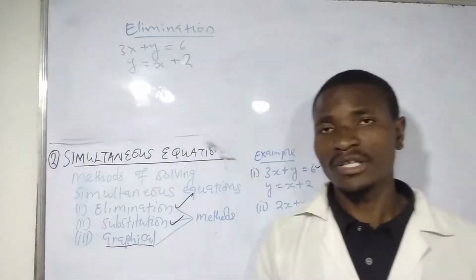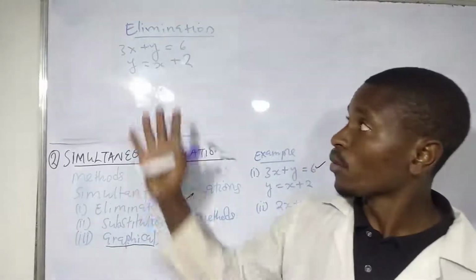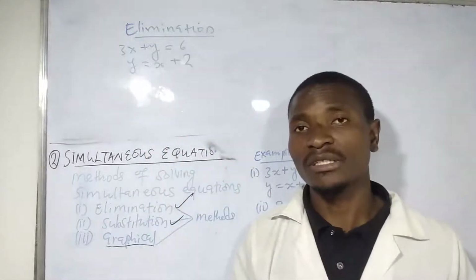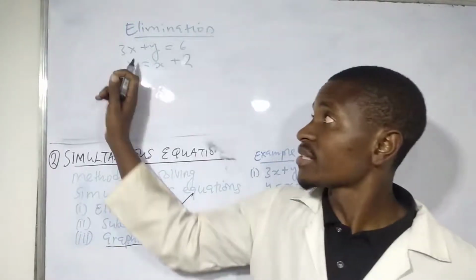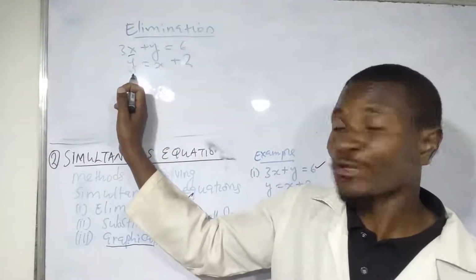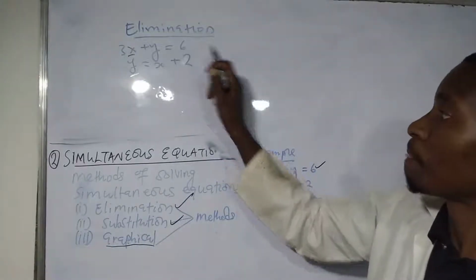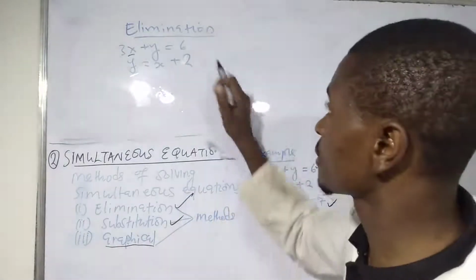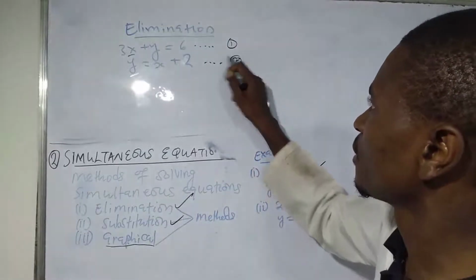Now, whenever we are solving simultaneous equation, we must ensure that we rearrange the equation. You can see that this is x that is starting there, but on the second equation it is y. By the way, this is equation 1, equation 2.